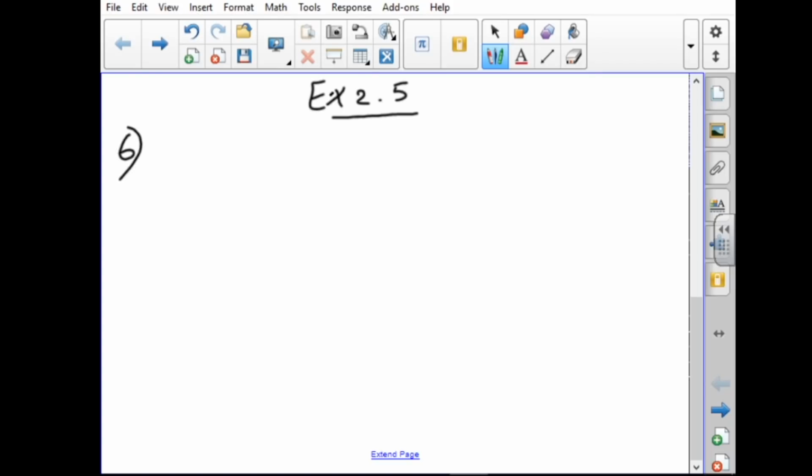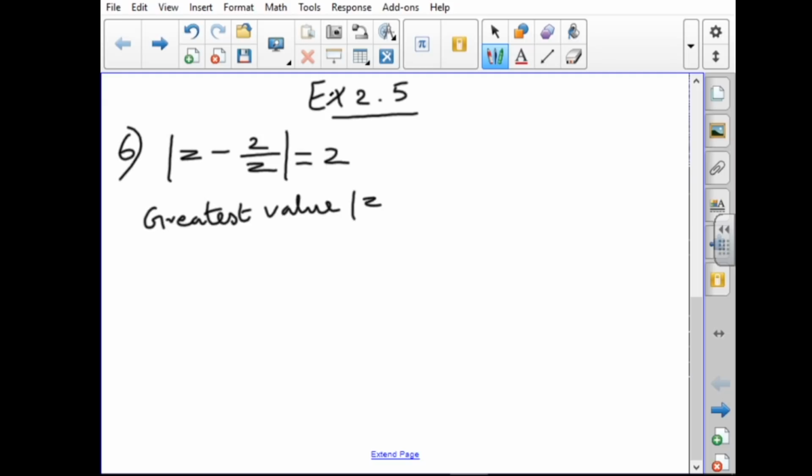Question number 6: given modulus of z minus 2 by z is equal to 2, then we have to show that the greatest value of modulus of z is equal to root 3 plus 1 and the least value of modulus of z is equal to root 3 minus 1. So, we have to prove this now.